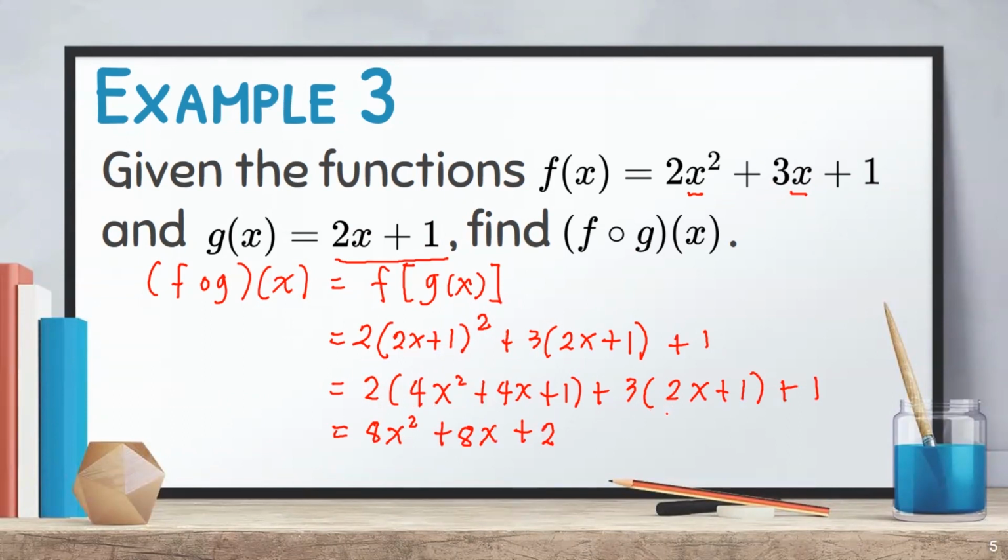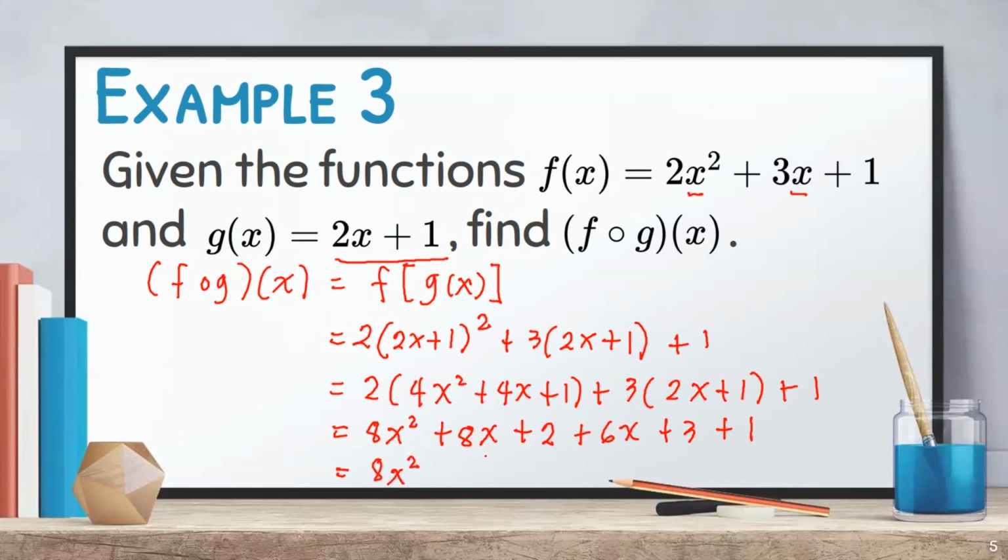Distribute it rather to the binomial 2x plus 1. So we will have positive 6x. Positive 3 times positive 1 is positive 3 and then plus 1. Okay. So combine like terms, we can combine 8x and 6x. But since we don't have other terms with the variable x squared, so we simply copy it, 8x squared.